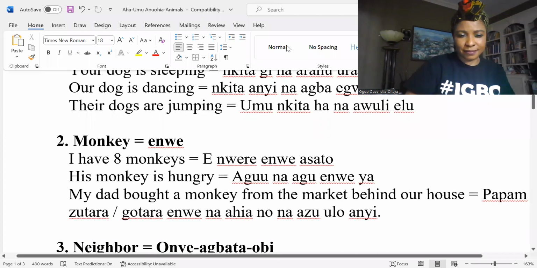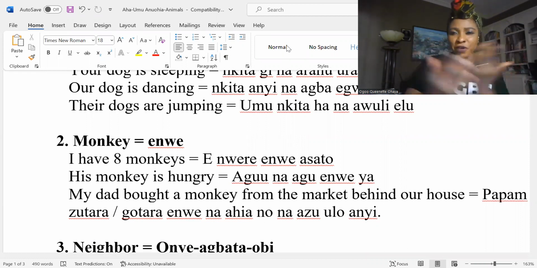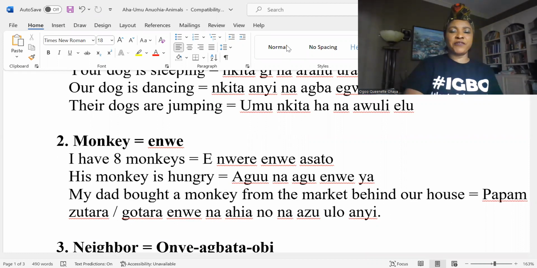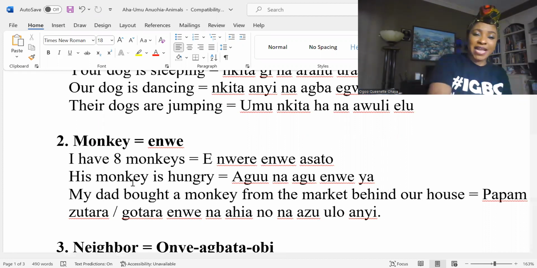So for "his monkey is hungry": Agu na agu enwe ya. You say you will always flip it. Let the noun come first, okay? But in this case, the action. If you translate it the way it is, you see the question Dozier was asking, "his monkey." If you say enwe ya, you cannot say enwe ya ago na ago ya.